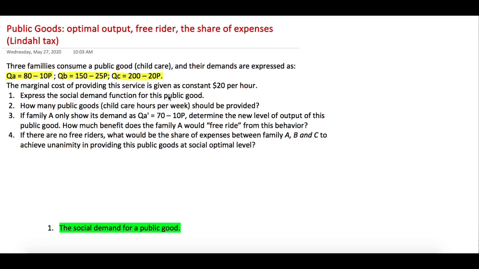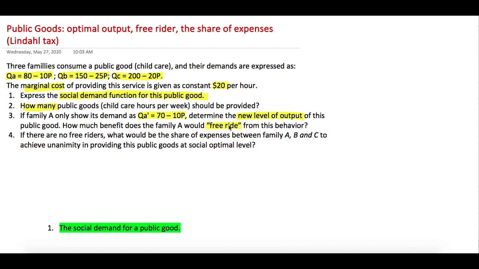You are also provided the marginal cost as a constant $20 per hour. You need to determine the social demand for public goods, and how many public goods should be provided, or the optimal level of output. Next, if family A only shows its demand as QA equal to 70 minus 10p, we need to determine the new level of output of this public good and determine how much benefit family A could derive from this behavior.